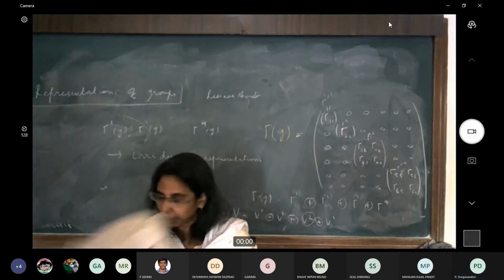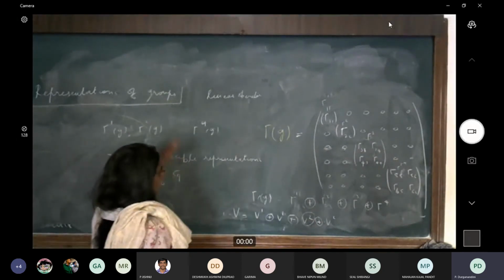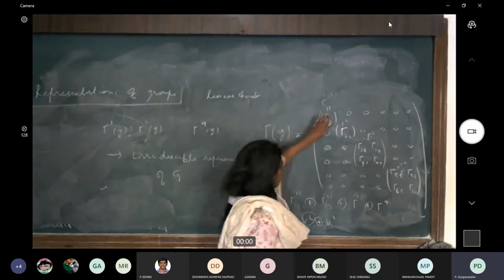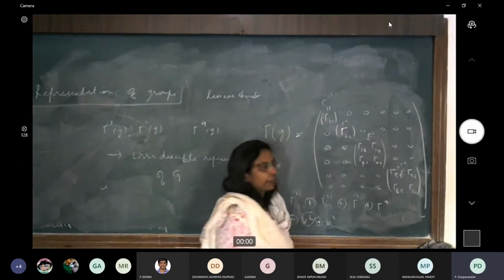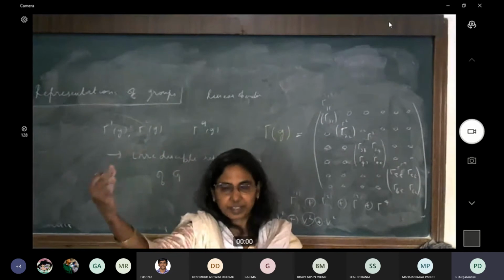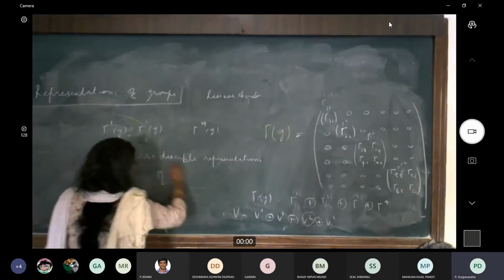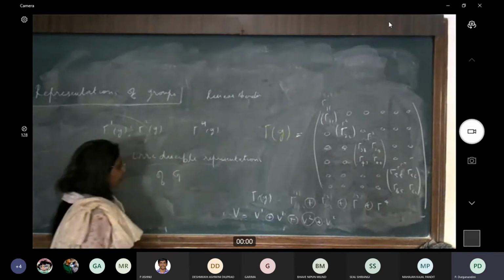So the action of gamma on any vector lying in one of these invariant subspaces transforms into a vector which remains in that same space itself. That's why we call it an irreducible representation, because you can't go further down.